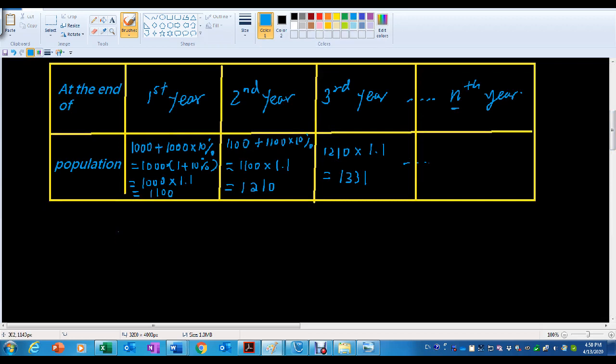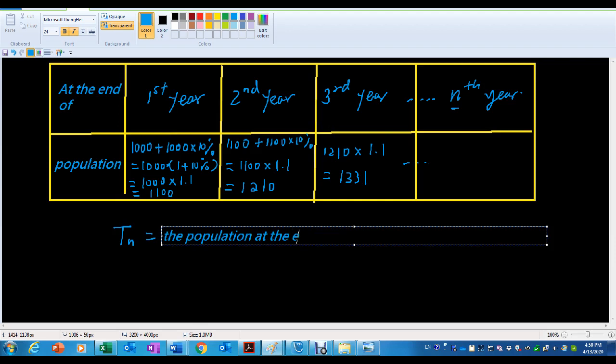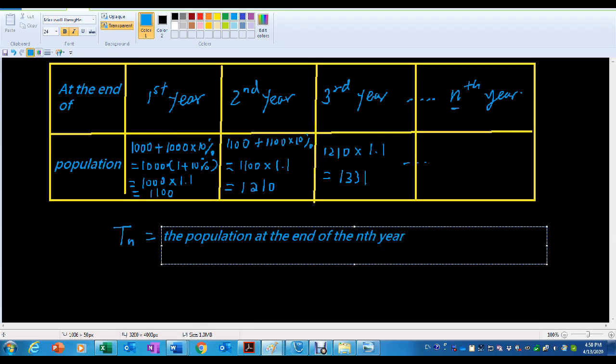Let's define Tn as the population at the end of the nth year.